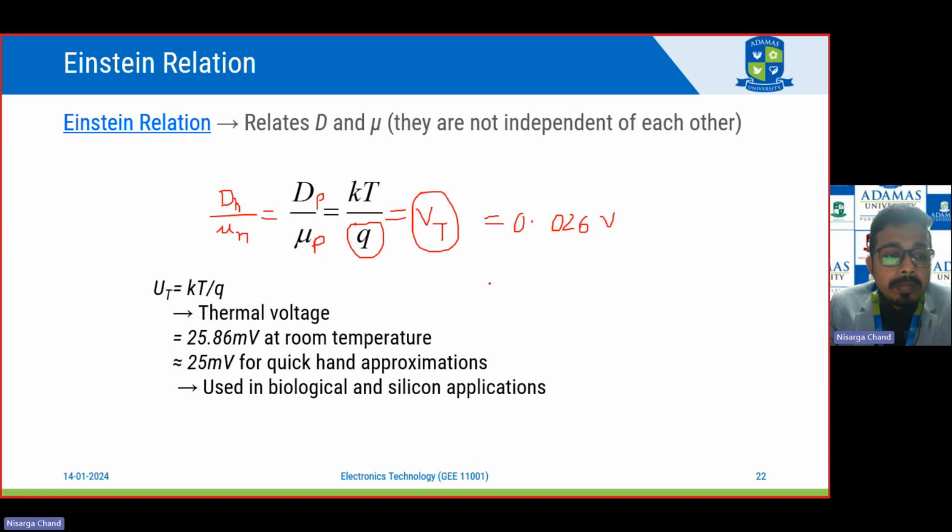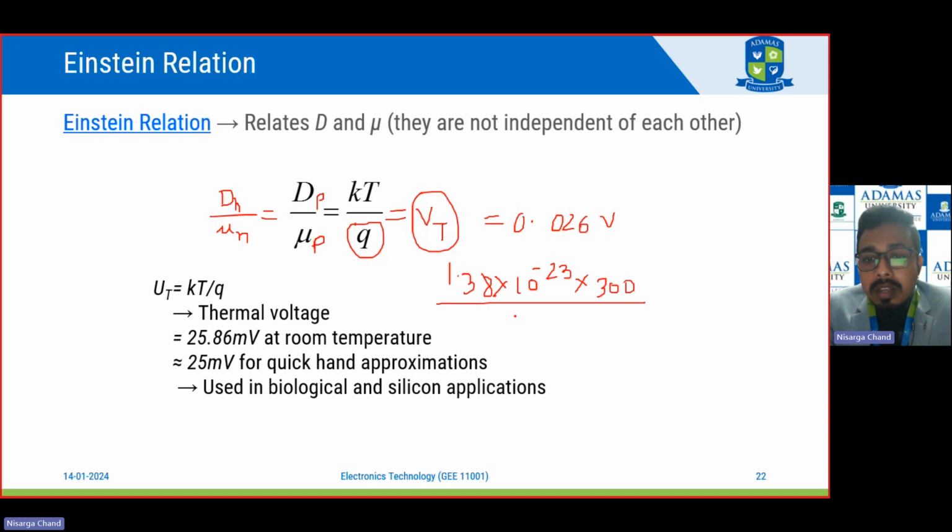Vt equals k into T by q, where k is 1.38 into 10 to the power minus 23 joule per Kelvin, into temperature 300, divided by 1.6 into 10 to the power minus 19. That is almost 0.026 volt if we calculate. So Dp by mu p equals Dn by mu n, which is almost 0.026 volt at room temperature.